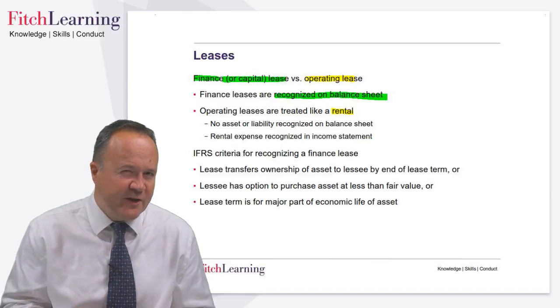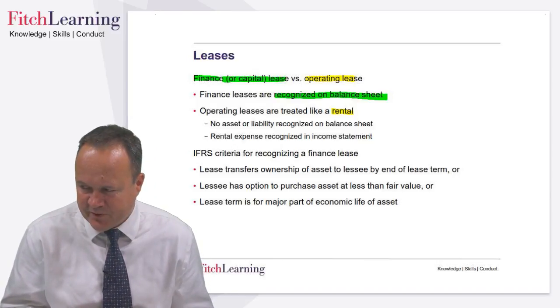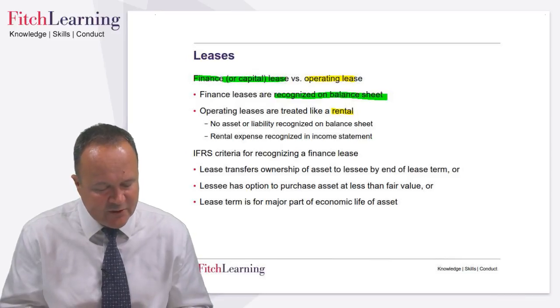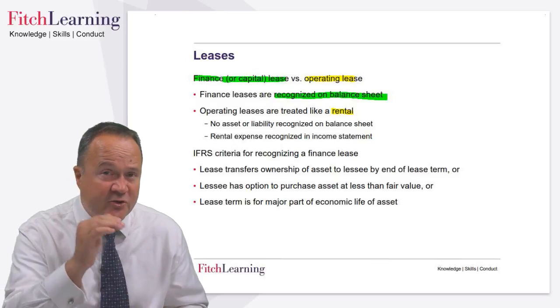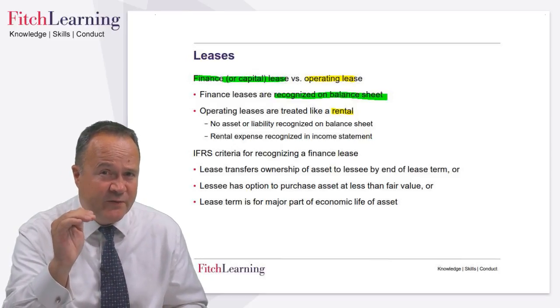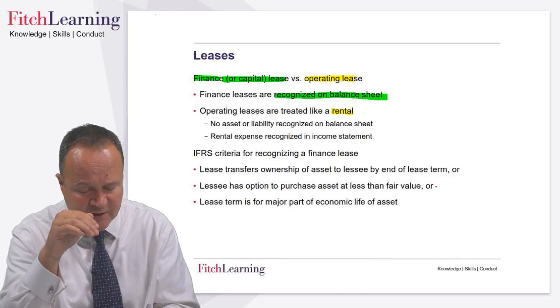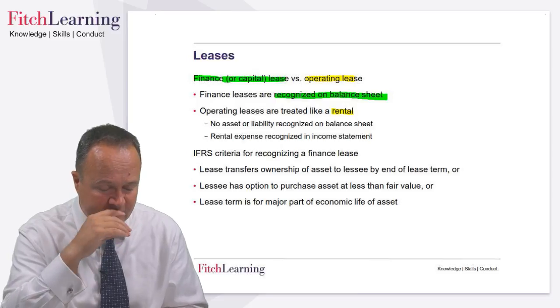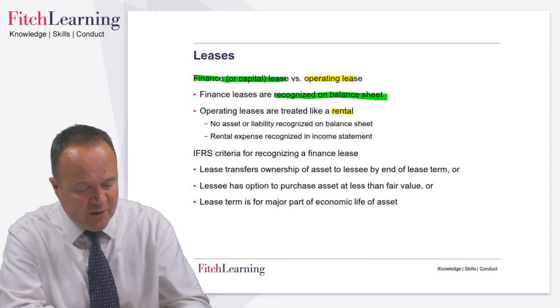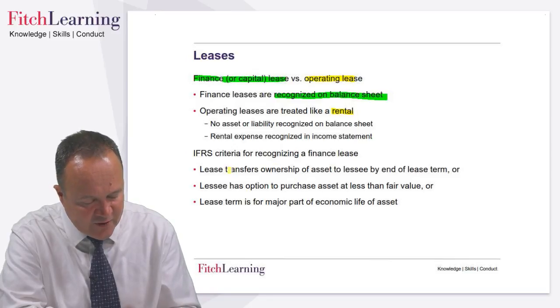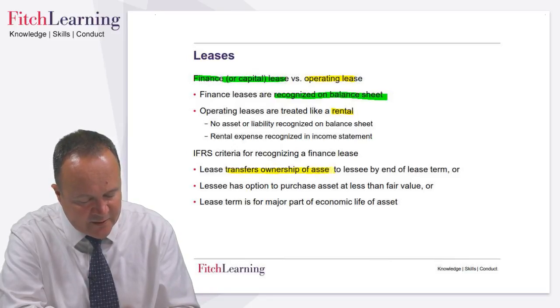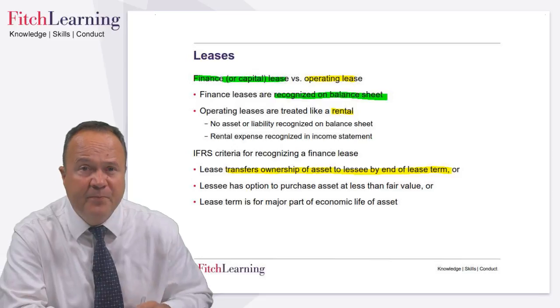Okay, let's have a look at the criteria before we go through an example. So IFRS criteria for is it a finance lease? Now, please bear in mind, just one of these is sufficient. So note the word or at the end. It's not all of them. So if the ownership of the asset transfers at the end of the lease term.